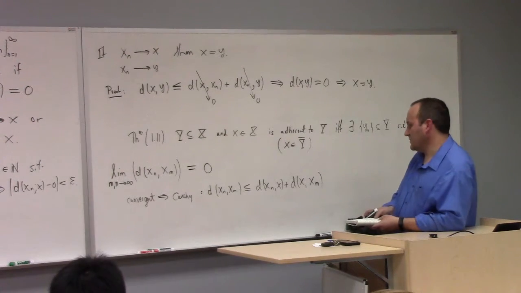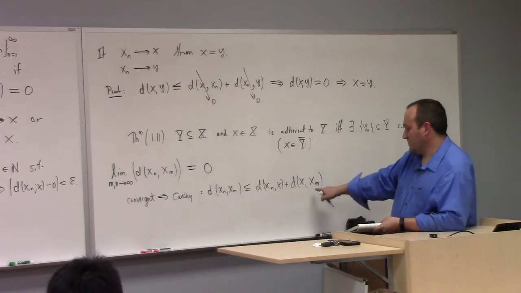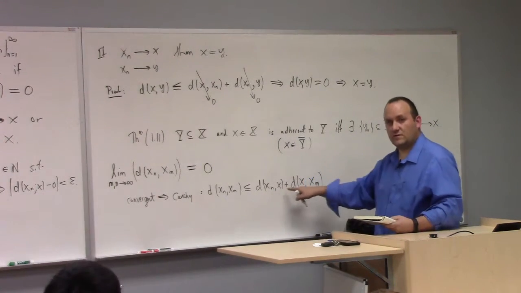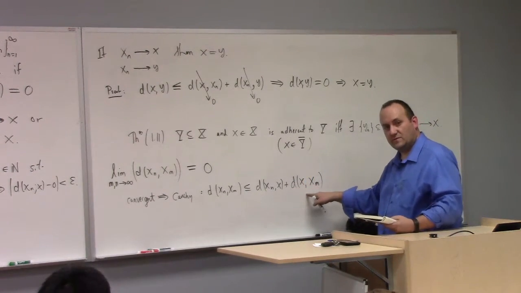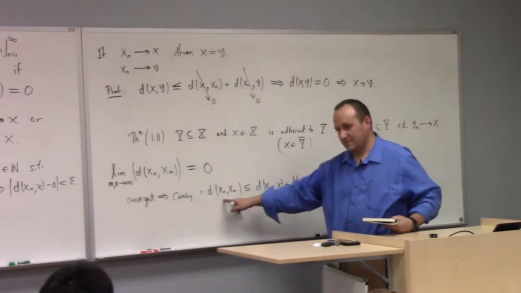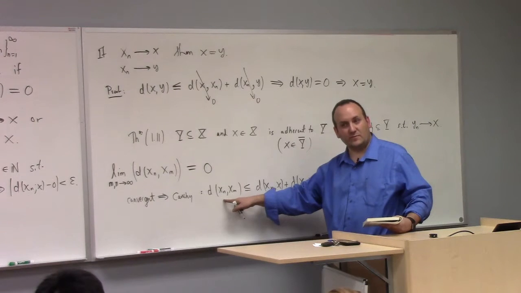Now, if we're assuming convergent, this goes to 0, that goes to 0, right? Hence, this can be made arbitrarily small, which is to prove that it's Cauchy.